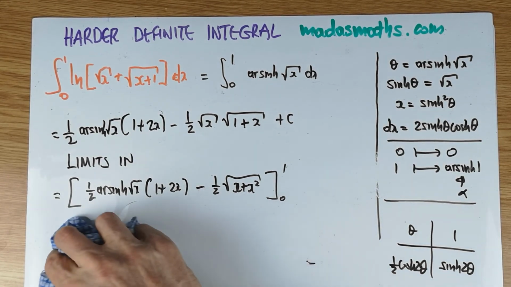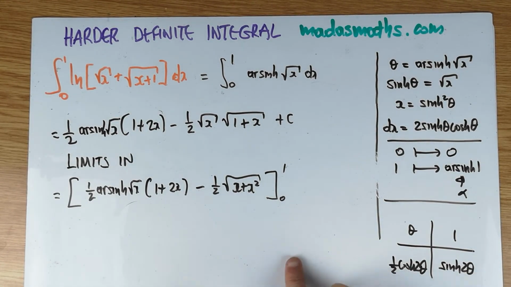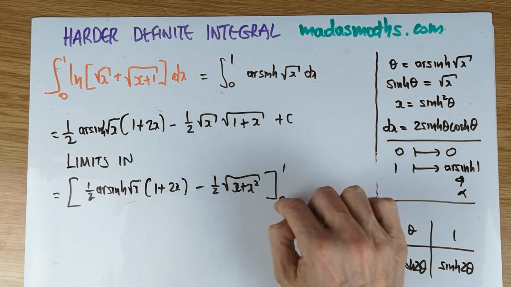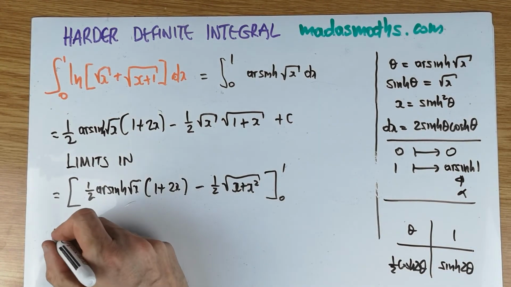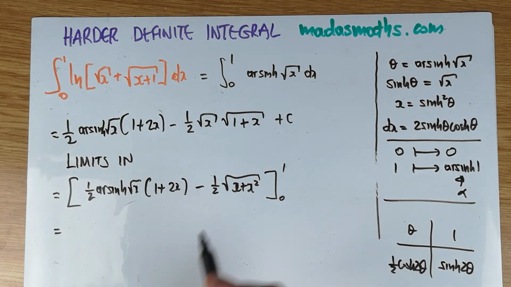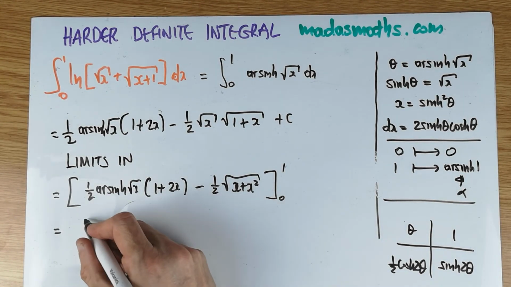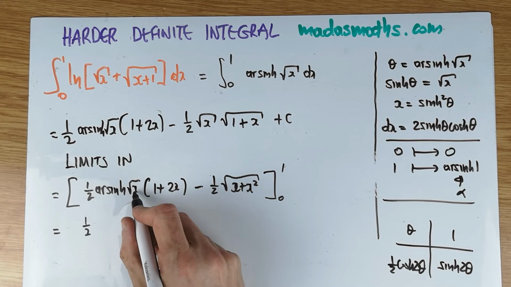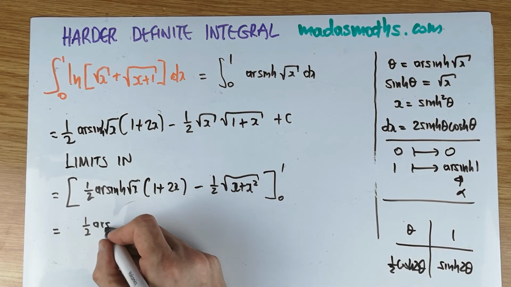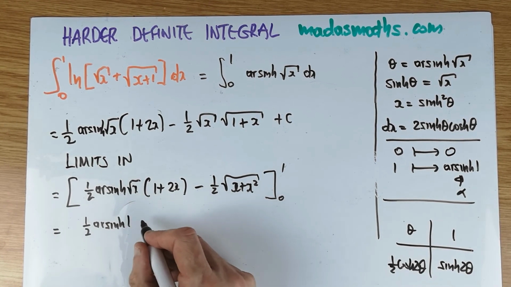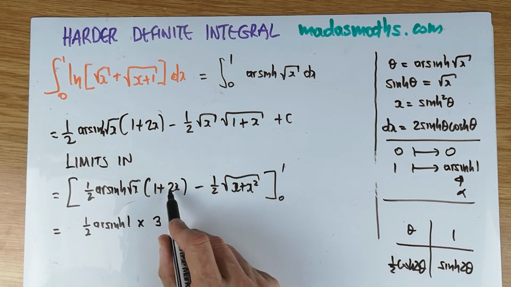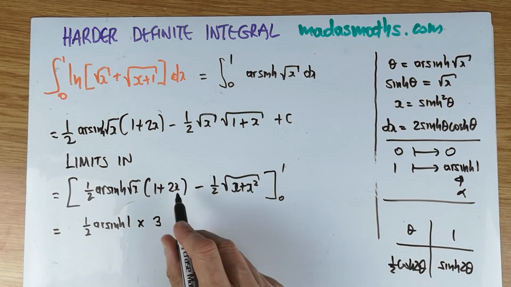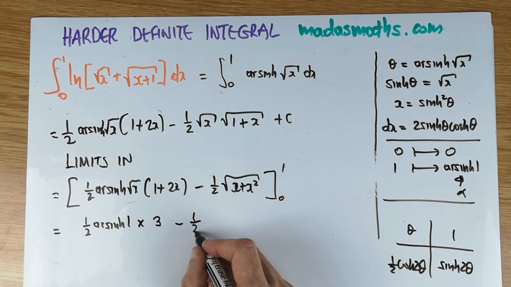Notice that the bottom limit will give us 0. This will be 0 when we put 0. And this will be 0 from the r sine of the square root of x. So the only contribution will be from the top one. The r sine of the square root of x is, of course, 1. So that's the half r sine of 1 times 3. That's from 2 times 1 plus 1 times 3 minus a half.